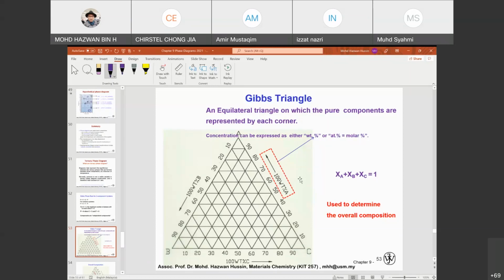All of these are used to determine the overall composition. For example, the mole fraction of A plus the mole fraction of B plus the mole fraction of C in the end equals 1, or 100%.